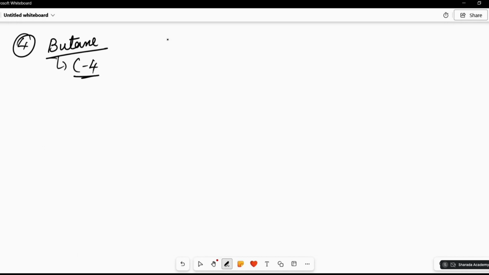Next one is pentane. After this, write this also. Pentane. Pent means 5. Carbon will be 5 here. So butane, what happens? C4H10: 4 into 2, 8, 8 plus 2, 10.